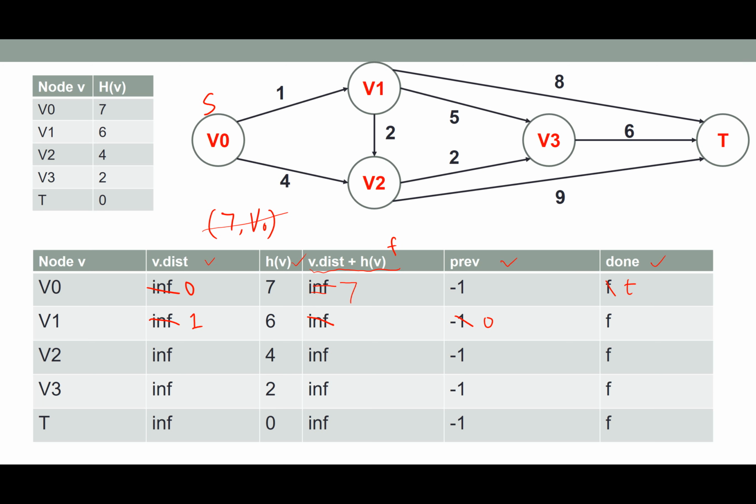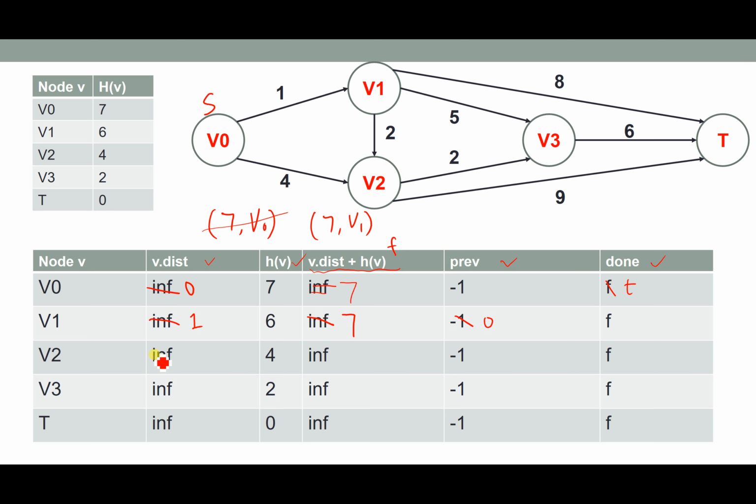The f value is now 7 because you updated it, so you will enqueue v1. In fact, because the heuristic is fixed, at least in our example, when you update v.dist you are basically updating the heuristic plus v.dist. So we're going to enqueue 7 v1 in there.